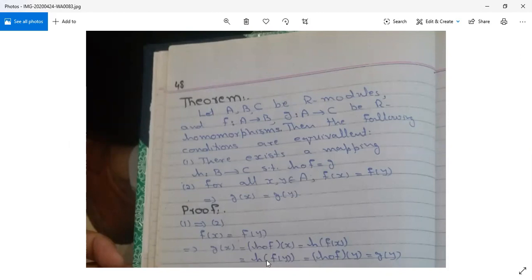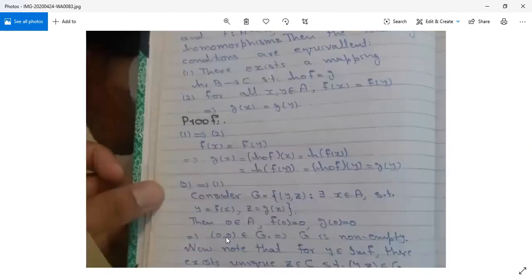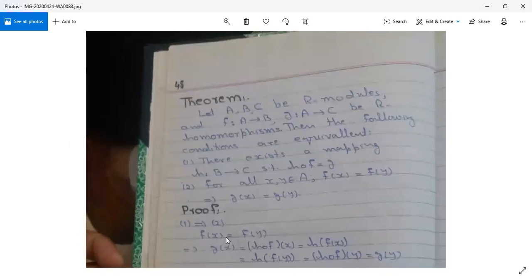Then we again use the composition laws: h composition f of y, and by again using this property, g of y. So we assume that f of x is equal to f of y, then prove that g of x is equal to g of y. The proof of this result is very easy.